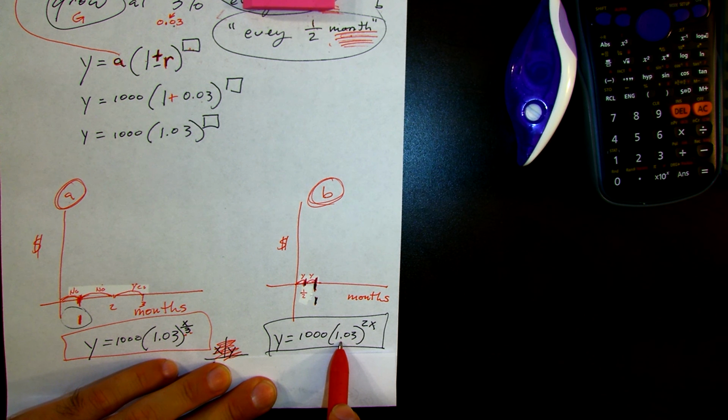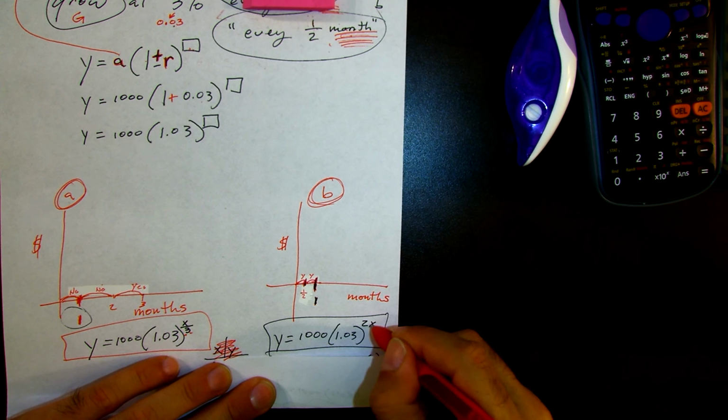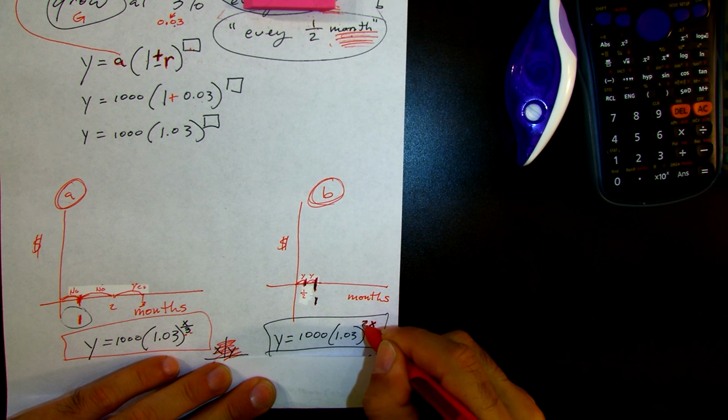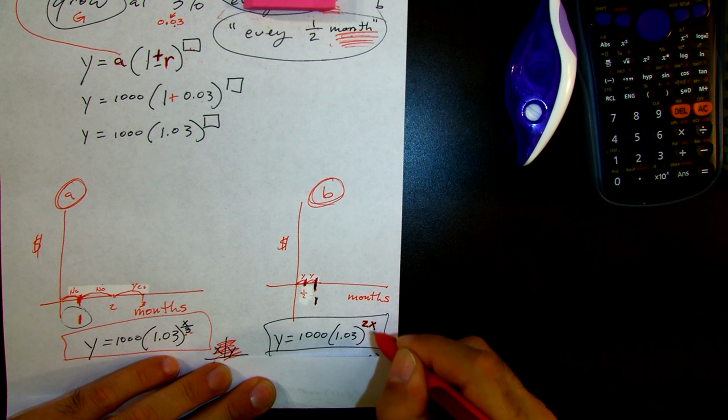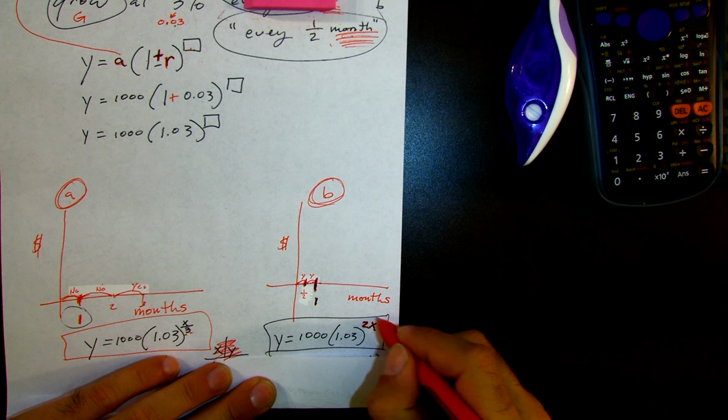Because if I look at this, the exponent is really saying what portion, based on the information, well, remember that this is time. This is time. So if you think about this as time, at 1 month, we've already had 2 growths.